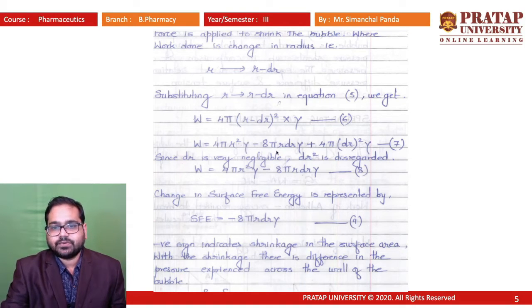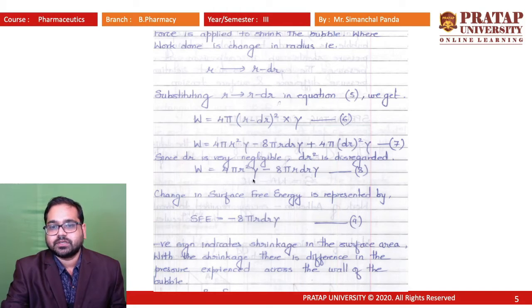Since dr is very small, dr square can be neglected. So the formula becomes 4 pi r square gamma minus 8 pi r dr gamma, and the last term is neglected. The change in surface energy is therefore minus 8 pi r dr gamma.